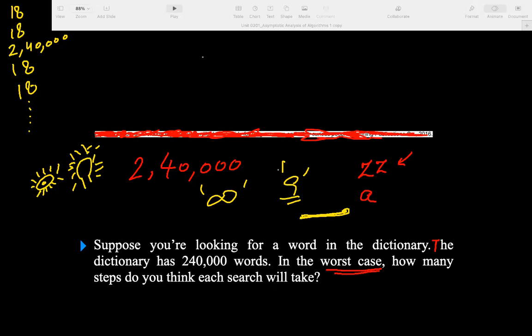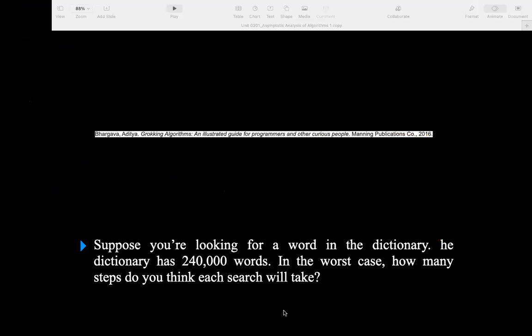So all right. The question is that we have 240,000 words, and we are doing binary search. First of all, we divide the search space into two parts, so we'll have 120,000. This is our first step.